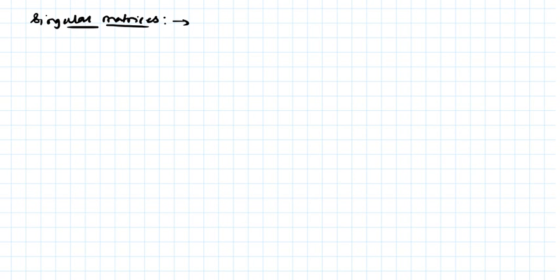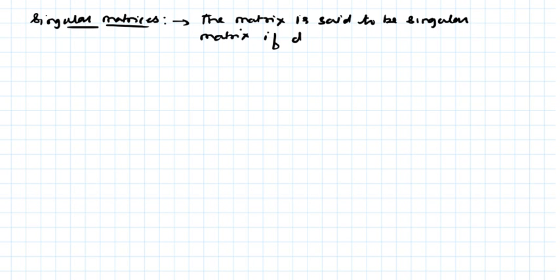The definition of a singular matrix is that the matrix is said to be a singular matrix if the determinant of the matrix is equal to 0.